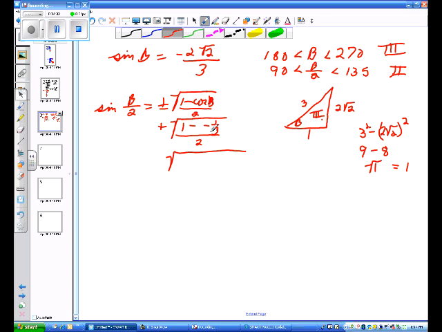So 3/3 plus 1/3 would be 4/3. Divided by 2 is the same as times 1/2. So those will cancel. We end up with the square root of 2/3, which we can then rationalize by multiplying by the square root of 3 over 3, and we get the square root of 6 over 3.